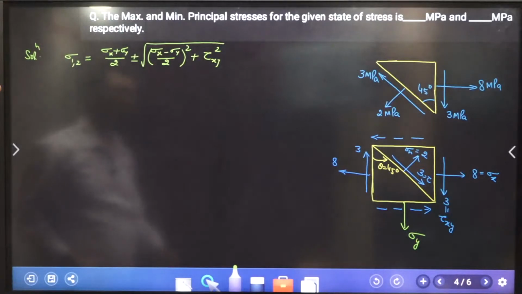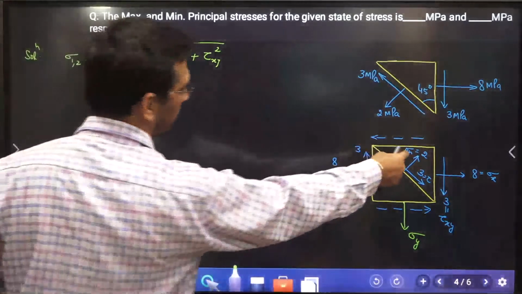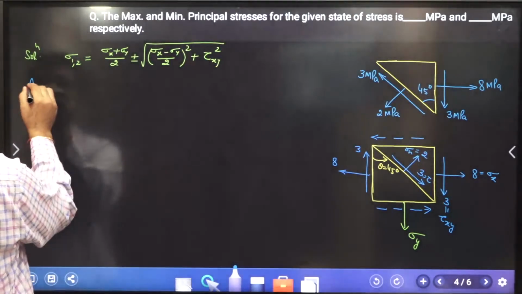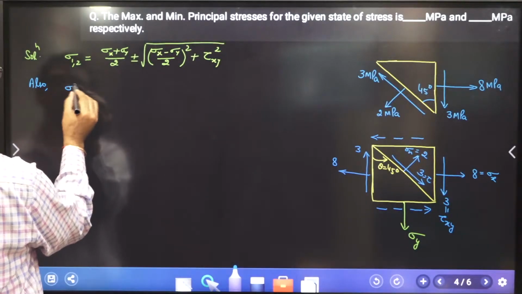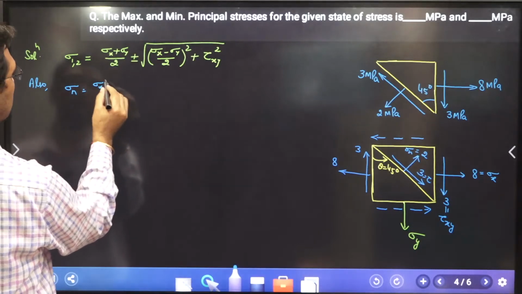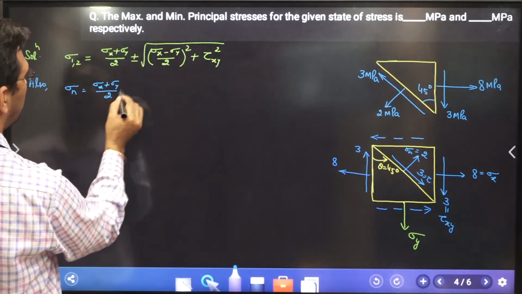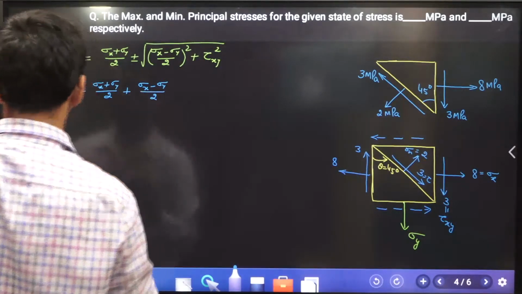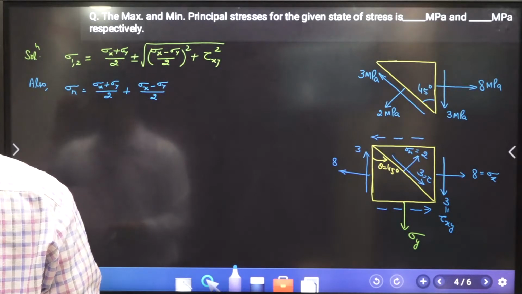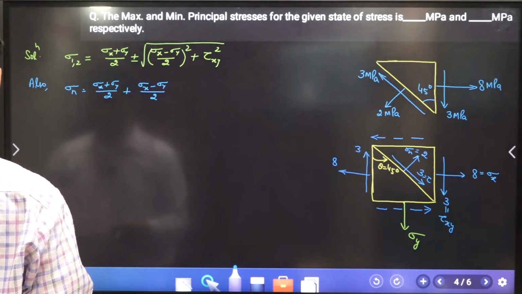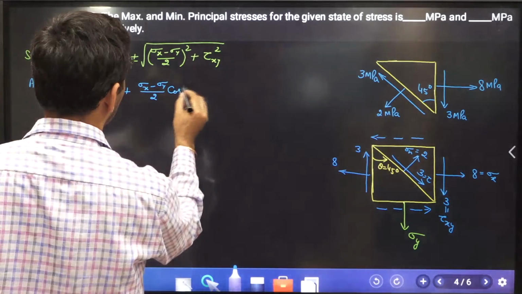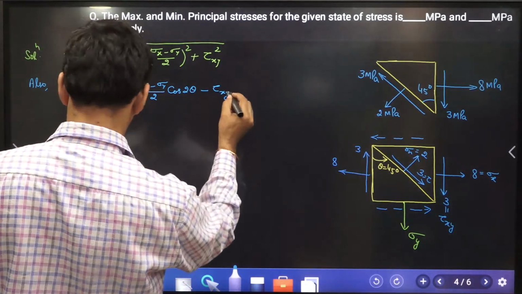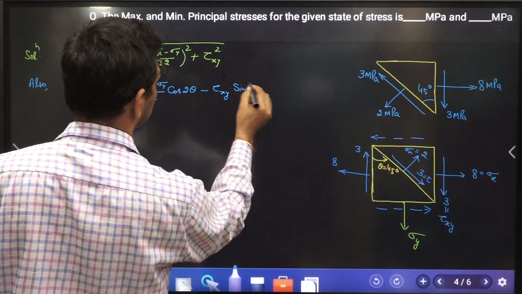Sigma x I already know. Sigma y I want to find out. For that I have been given sigma n. So for this configuration, sigma n is equal to sigma x plus sigma y divided by 2, plus sigma x minus sigma y divided by 2 times cos 2 theta, minus tau xy sin 2 theta.